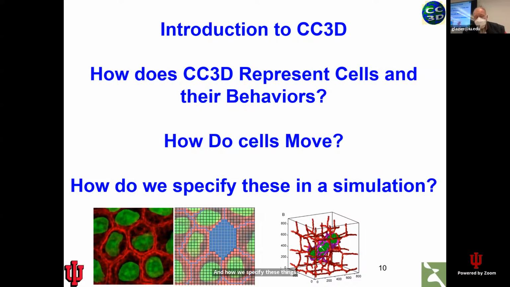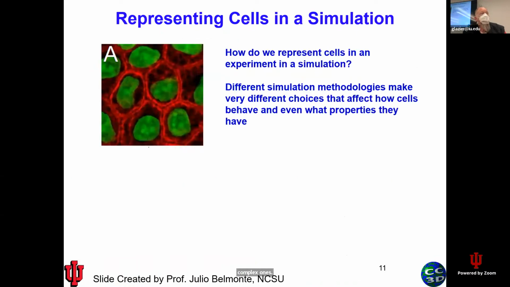And we've done two very, very simple examples, but we've seen some very complex ones. The fundamental back-end things that we're doing are the same. So we start with, say, a picture of some cells. These are epithelial cells. I think they're probably MDCK cells, although I'm not sure about that. The red is staining for probably cortical actin.